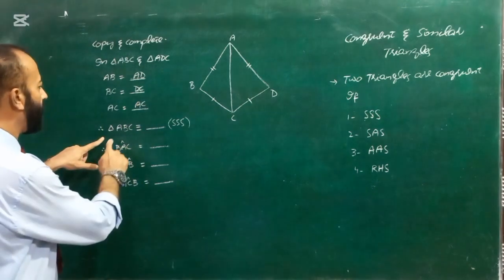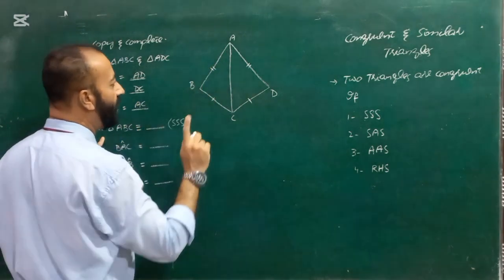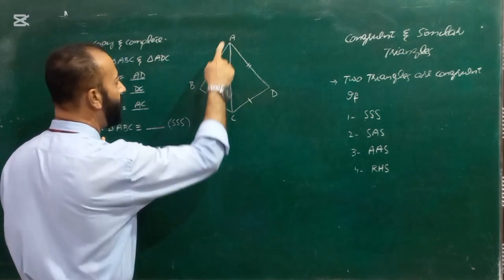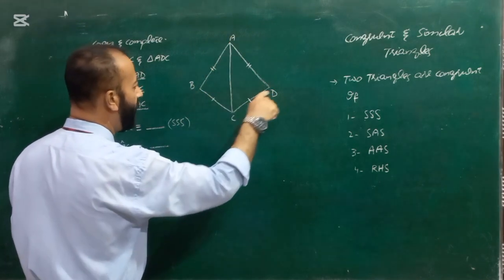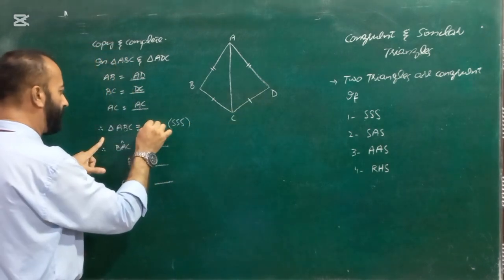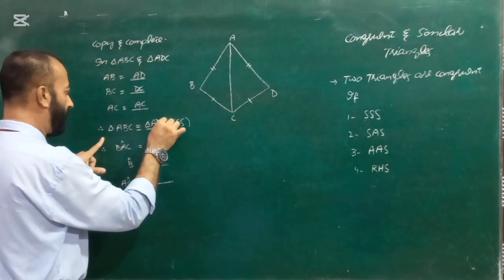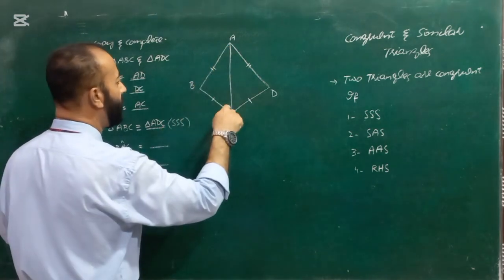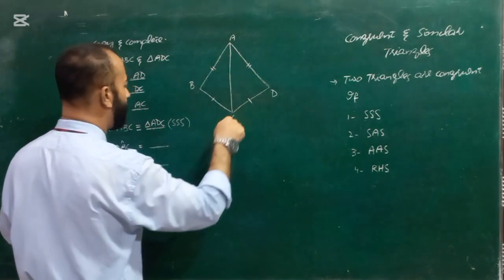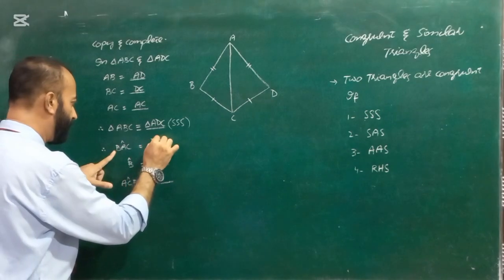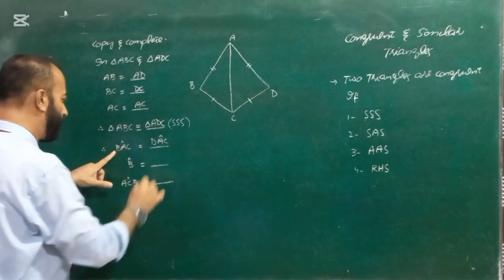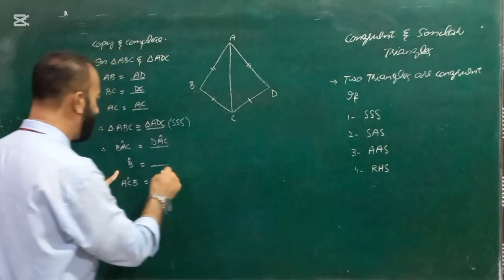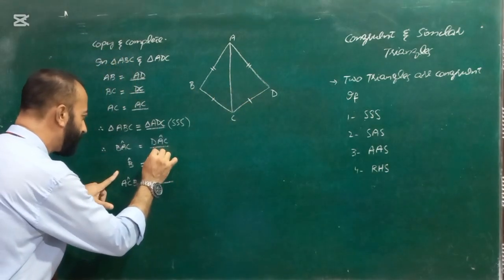So that's why triangle ABC. So keep the letters in correct order. So moving from vertex to double side and then single. So ABC, so ADC. Okay, angle BAC will be equal to angle DAC. Then the B angle is equal to, here is the B angle, so that will be equal to the D angle.